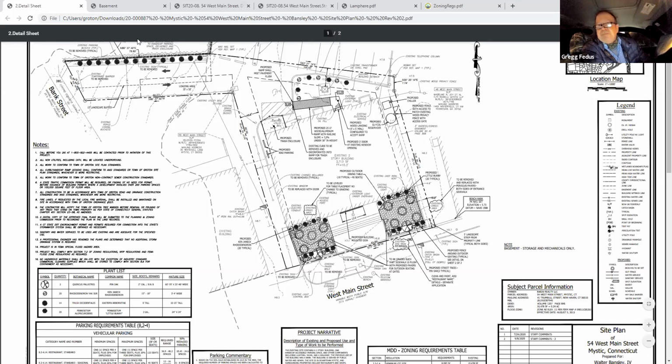I go downtown quite a bit, and you can always find a spot. Even last night there was plenty of room in the lot at the Mystic Arts Center. Maybe on the weekends it gets pretty full, but there's always spots.